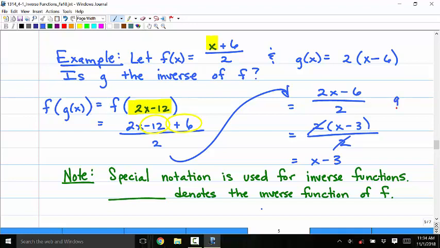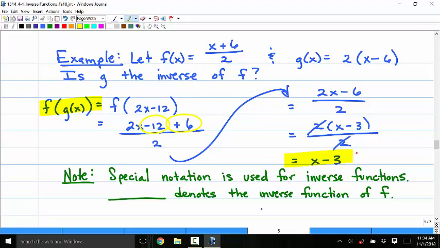Do I even need to find g of f of x? I don't even need to find it. Because what is f of g of x supposed to equal in order for it to be an inverse function? It's supposed to be equal to x, is it? No, it's equal to x minus 3. So I don't even have to find the other composition.